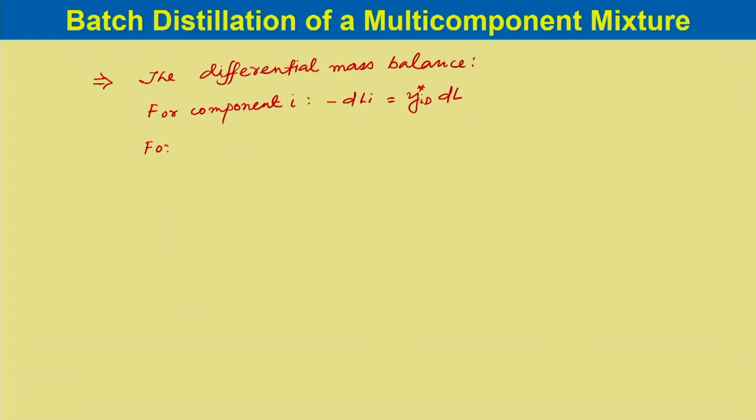For component j, we can write minus dLj is equal to minus yj d star dL.